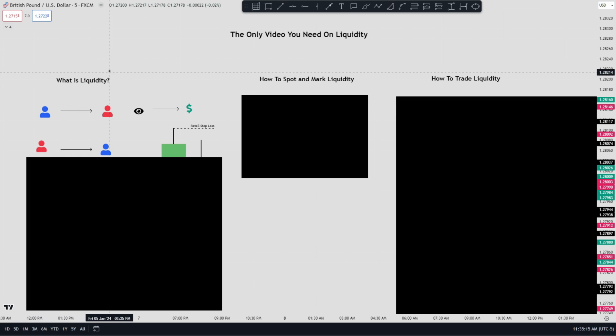And this is where the concept of liquidity comes into play. So for these big banks and these big institutions, for them to get filled on their big orders, they have to trade using limit orders. They cannot trade using market executions because it will not fill them.